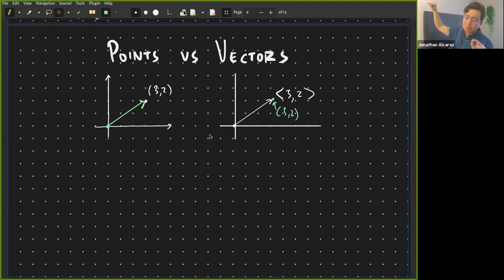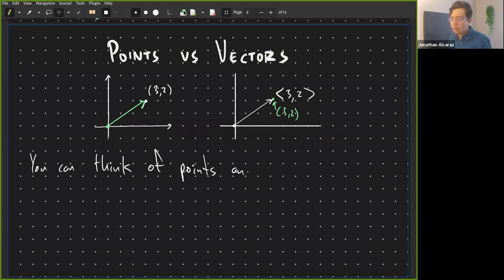So yeah, you can think of points and vectors as the same thing, kind of.